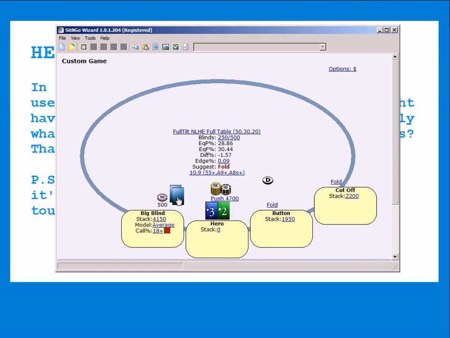We know that he has to be so risk averse because of the presence of the other two short stacks that he needs to be a significant showdown favorite. He can't just be a mild favorite, 60, 65%. Maybe he has to be a 65 or 70% favorite or something to show down.